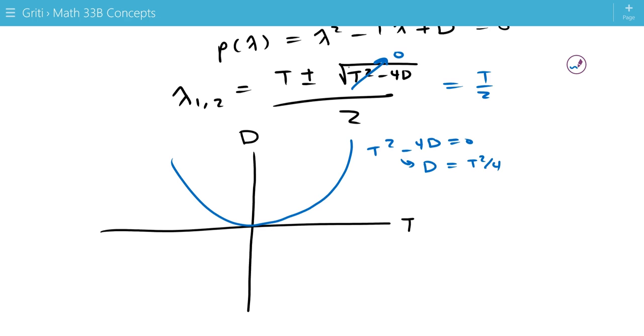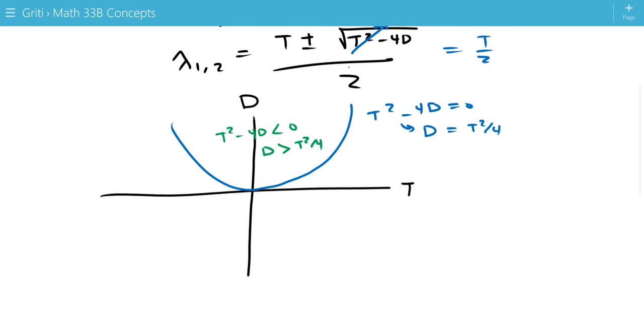And anything above this parabola is where t squared minus 4d is less than 0, or in other words, d is greater than t squared over 4.